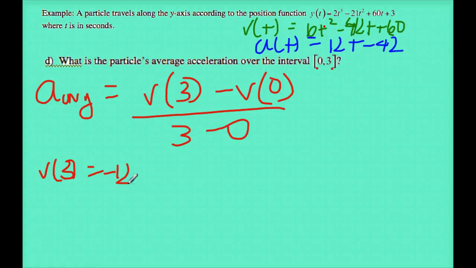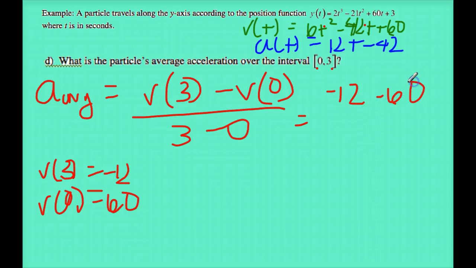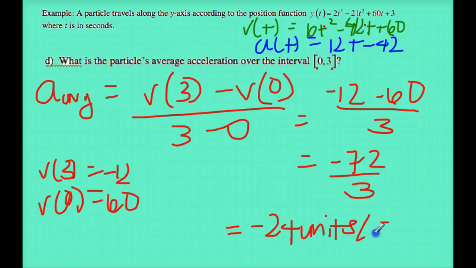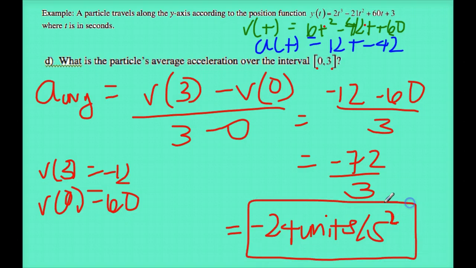If you plug in zero, you notice that your t's are going to cancel, so v of 0 is going to leave me with 60. So if I plug this in, I get negative 12 minus 60 divided by 3, which gives me negative 72 divided by 3, which gives me negative 24 units per second squared. So that's our answer for part D.